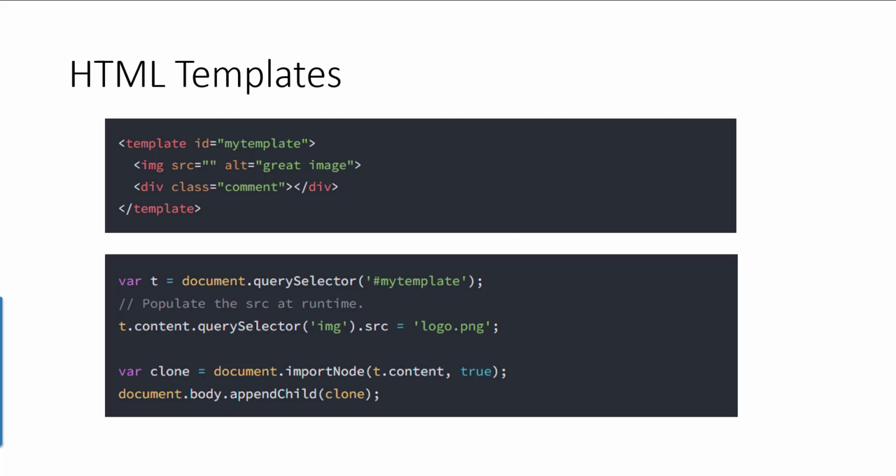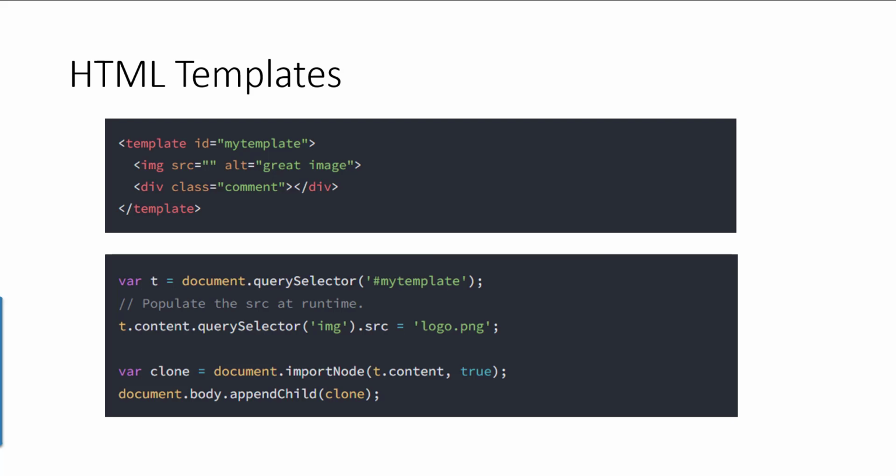So here you can see we can define the templates with an ID, and you can see inside the template we have an image and div. So when we define the custom elements using this query selector, we can access the template and then access the elements we defined inside the template individually and make changes into that.